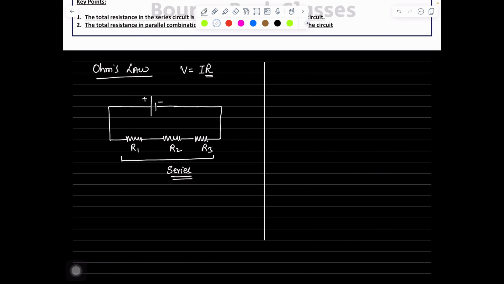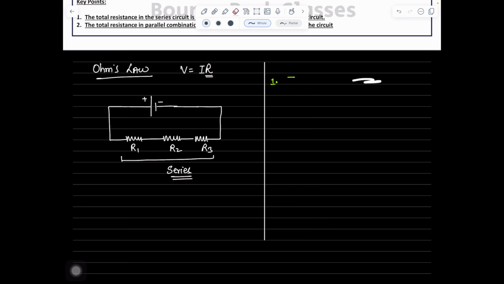There are a few rules you need to consider. The first rule is plate, or you can say the terminal, to resistor. In general terms we say positive plate, or plate to R. I'll make it easy for you.